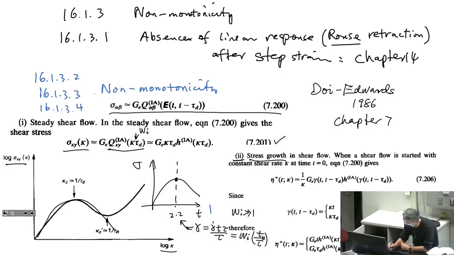You can call it t max. What I'm just trying to show you is that your t max over tau is 2.2 over Wi. So it's much smaller than 1. In other words, this t max occurs at a time scale much shorter than tau in this limit.